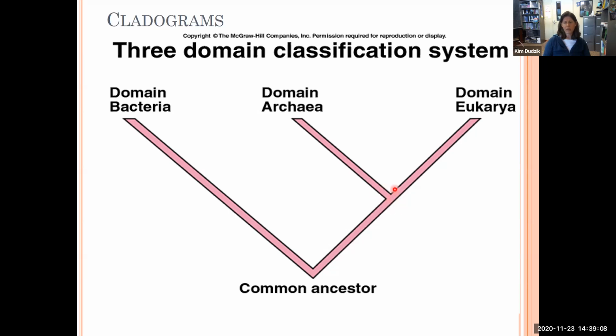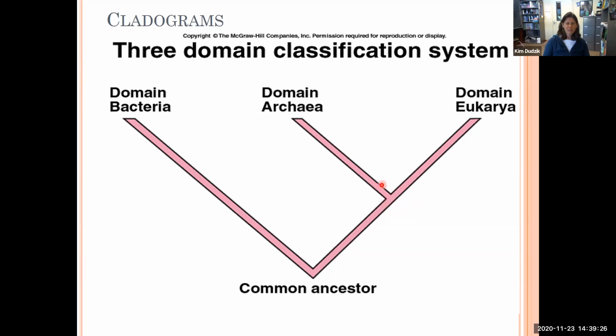This could have been a population of single cells that experienced a split, and the other group had a different environment, and so they evolved differently, and that may have then led to the archaea.